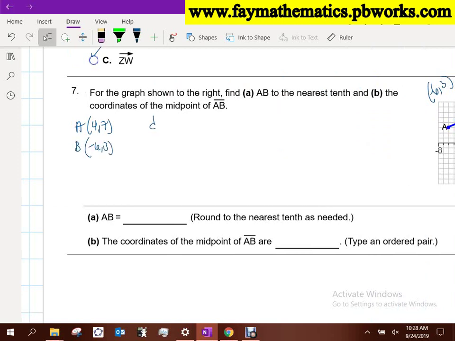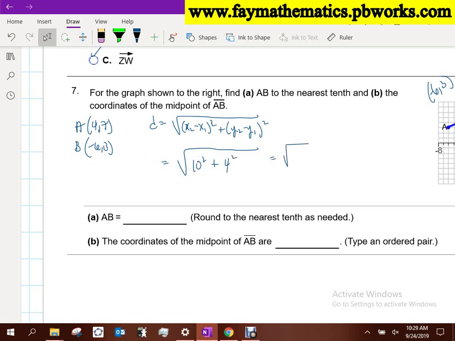So our distance formula, remember that. Subtract your x's, so x2 minus x1. Square that. Add to it y2 minus y1. Square that. So I subtract my x's here: 4 minus negative 6 is 10. I'll square that. 7 minus 3 is 4. I'll square that.